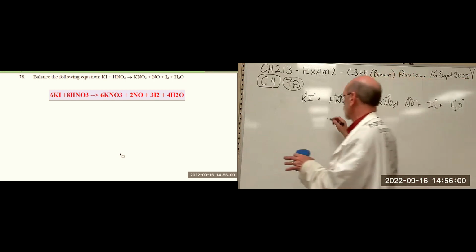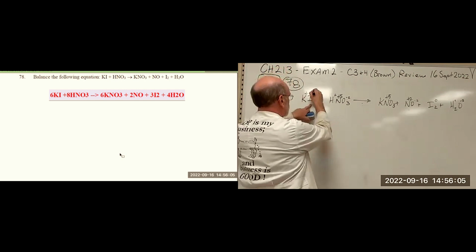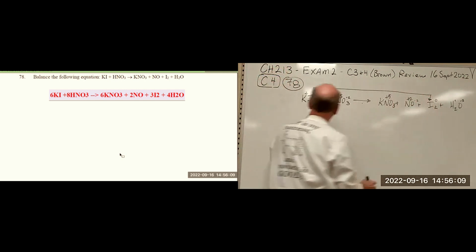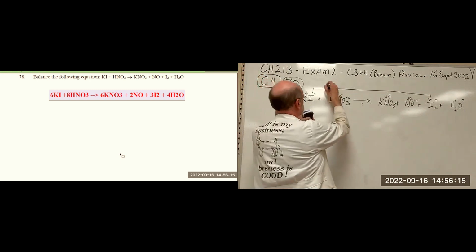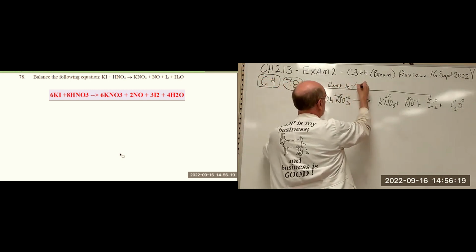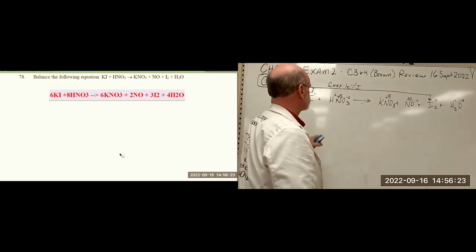So what are the redox species? Iodine. What happened? It went from a -1 to a 0. It lost electrons. It was oxidized. So we have a loss of 1 electron per iodine. Okay.